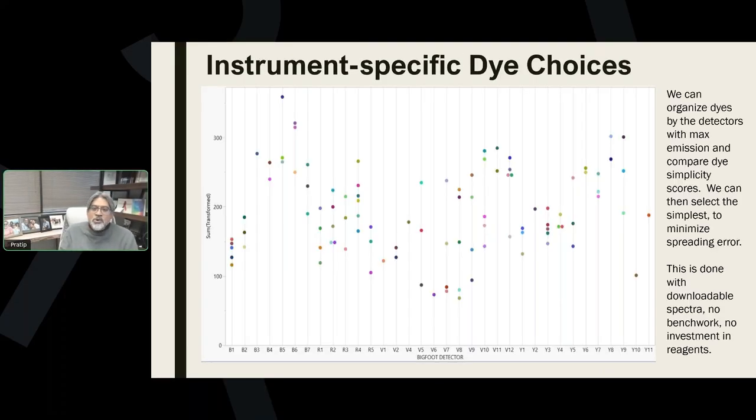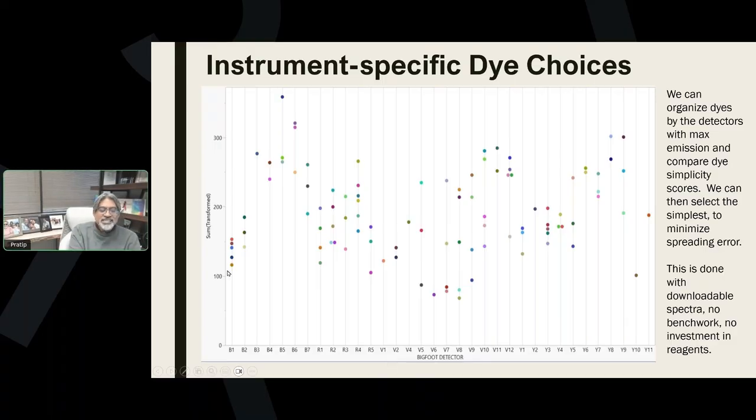We can also, once we've done this, organize the information for our particular instrument. So what I've done here is I've put on the x-axis all of the detectors on our Thermo Fisher Bigfoot, and you can see B1 through B7. Our blue laser detectors, R1 through R5, are the red laser detectors, and so on.